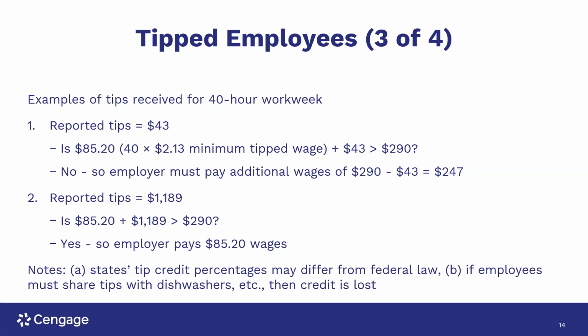So $290 minus $43 is $247. That's what the employer must pay the employee. And then in another example, the reported tips are $1,189. That's far above the $290 minimum. And so the employer pays $85.20, which is the tipped minimum wage of $2.13 an hour for 40 hours.